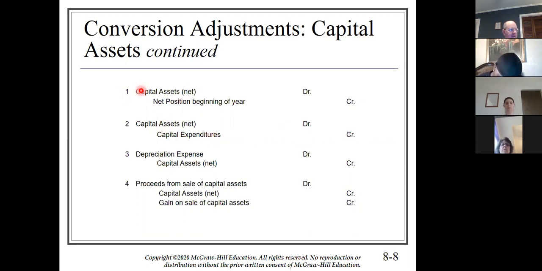Now they've got all these capital assets, they depreciate them, and they don't use accumulated depreciation. They directly deduct it from the capital assets. Then if they sold any, they get rid of the account proceeds from sale of capital assets. They credit the capital asset, and then they'd credit a gain, or they could debit a loss if it was a loss.